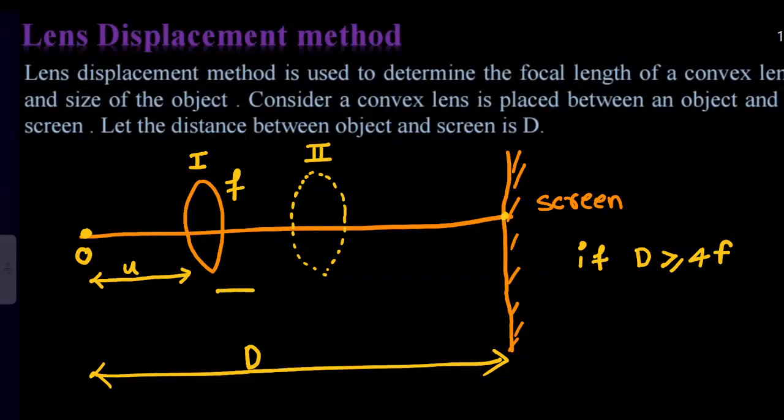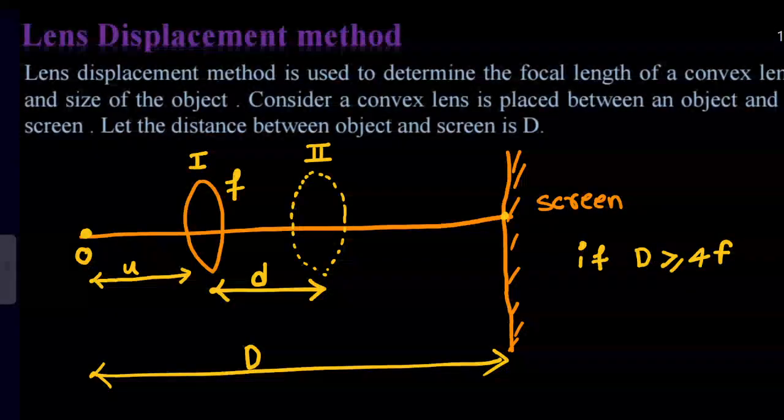The distance between the two positions of the lens I am calling small d, where capital D is the distance between the object and the screen. Small d is the distance between the two positions of the lens.